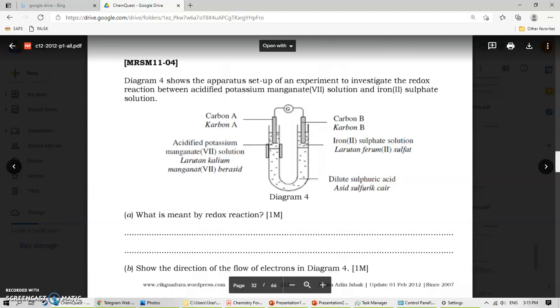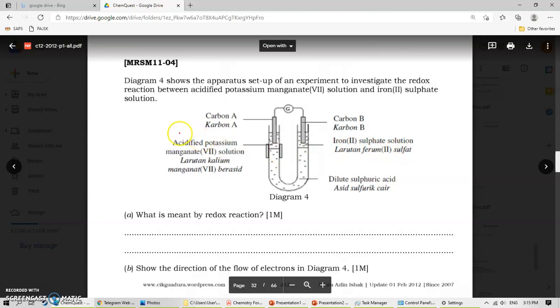So you can see in this diagram there's a U-tube and both the solutions are separated by a dilute sulfuric acid. So the first question to ask yourself is, which solution is the oxidizing agent? Is it acidified potassium manganate 7 solution or is it iron 2 sulfate solution?